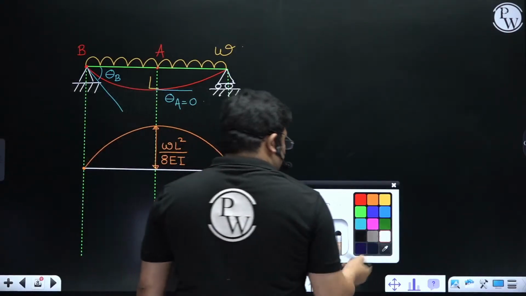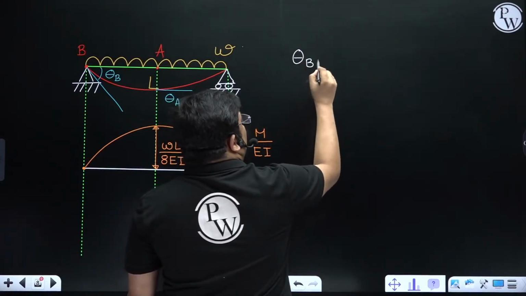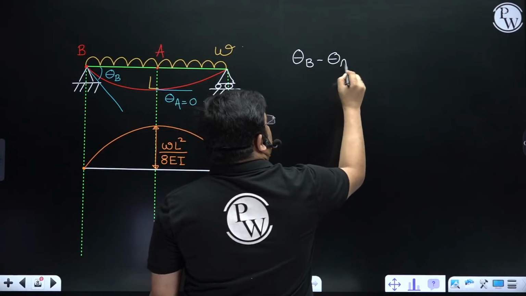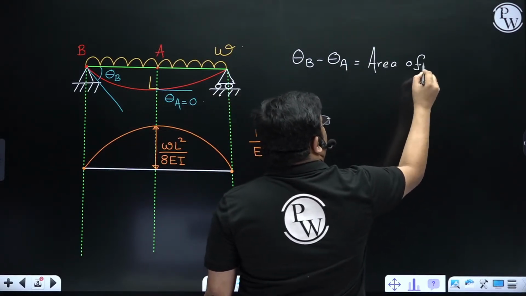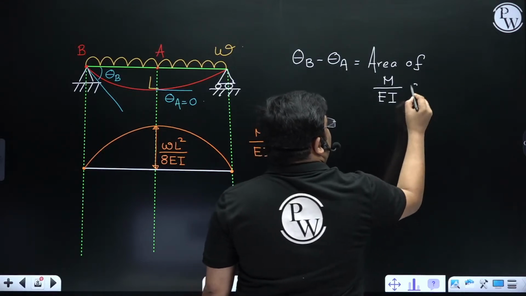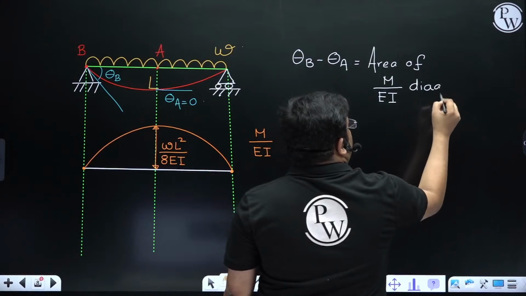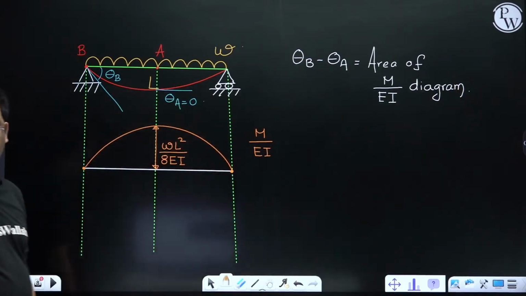So if I use the equation of the moment area method, the difference of slope is nothing but the area of the M by EI diagram.